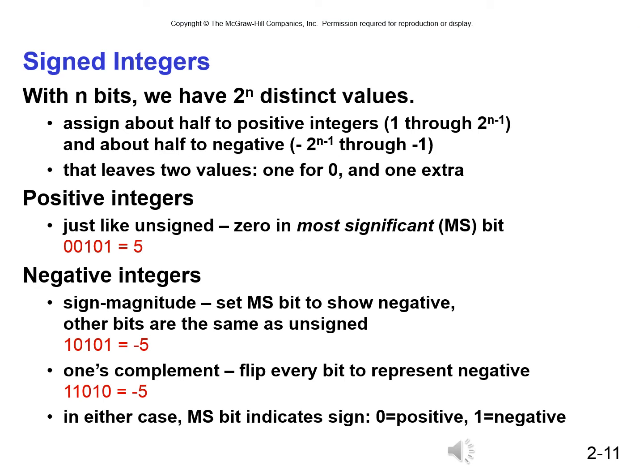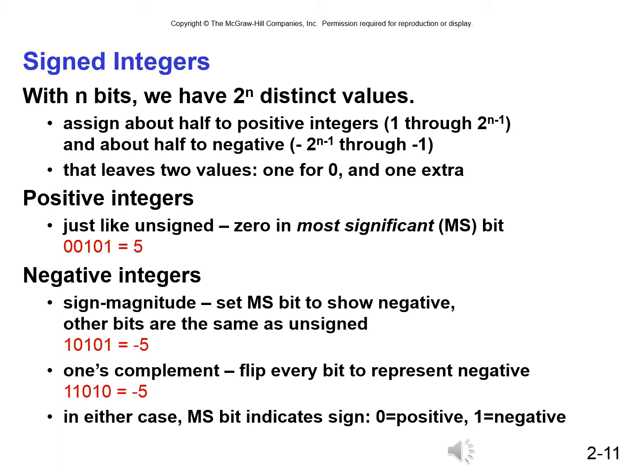So far, the binary numbers we've explored have all been unsigned integers. We haven't dealt with positive or negative values yet, but we will. We have to. So one way of doing it is looking at n number of bits gives us 2 to the n distinct values, such as when we had 3 bits, we could go from 0 to 7.